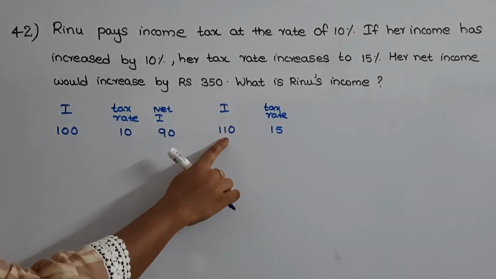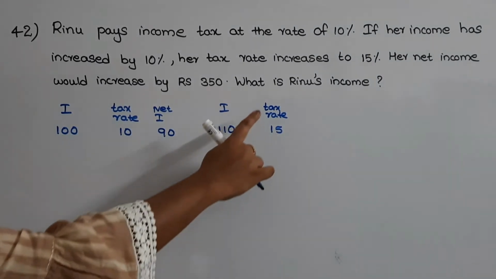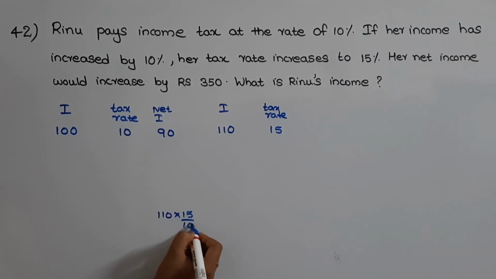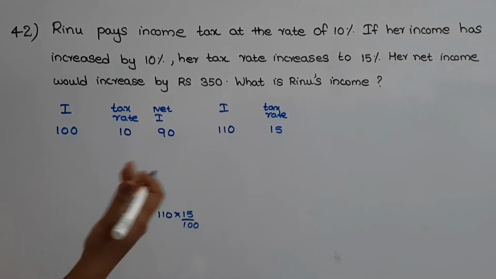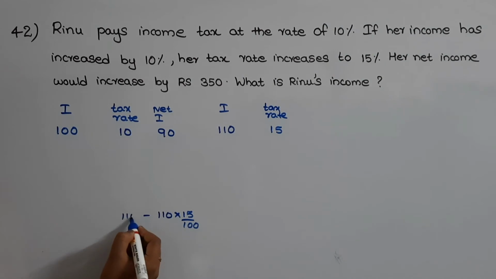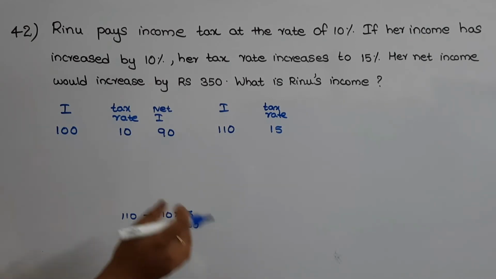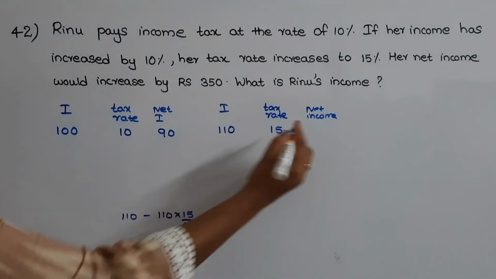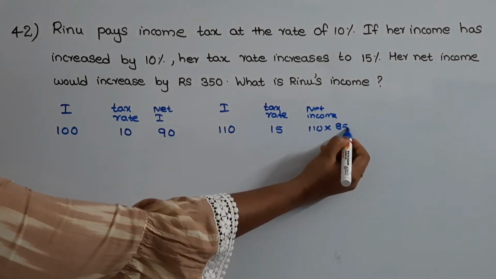Now let us find out the net income in this case. Here the income is 110 and the tax rate is 15%. So the tax which she should pay will be 110 into 15 by 100. What will be the income that will be left with her after paying tax? That will be 110 minus this value. Instead of doing this, we can find out the net income by multiplying this 110 by 85 by 100.